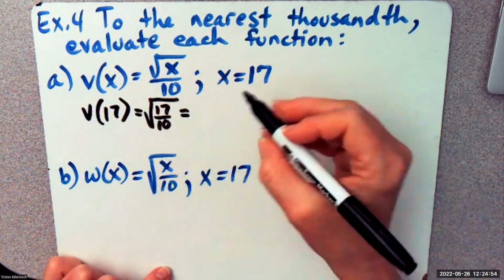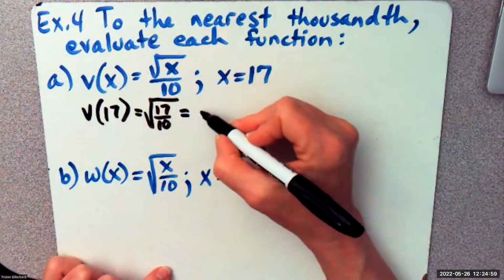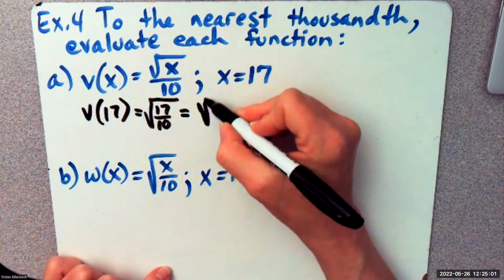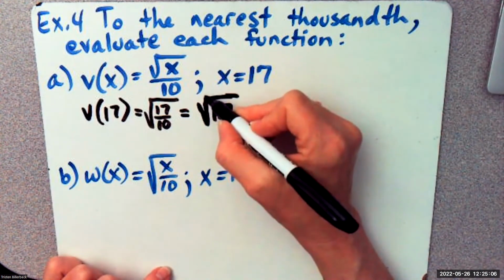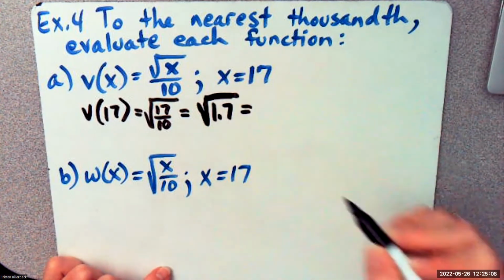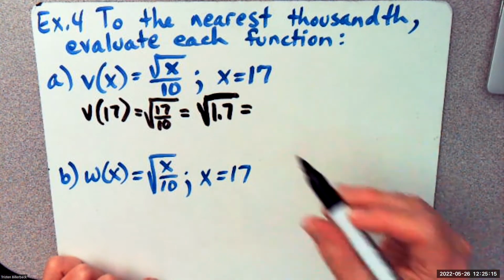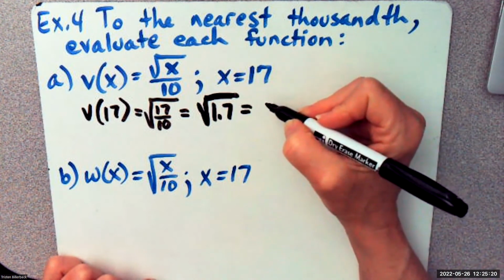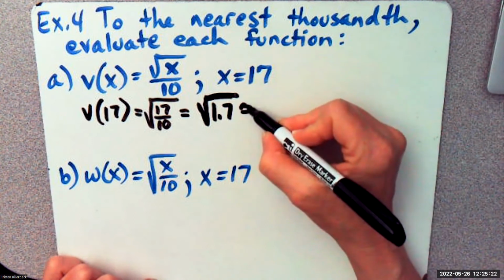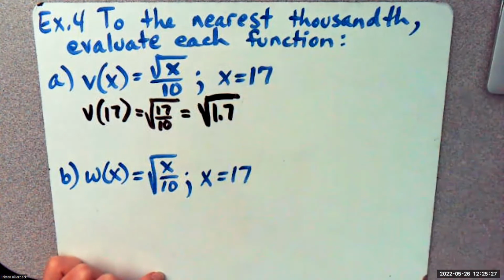Okay, so that is the square root of 1.7, and we want to approximate to the nearest thousandth. That's a little tough. So let's just approximate, or actually let's look at what it's between.